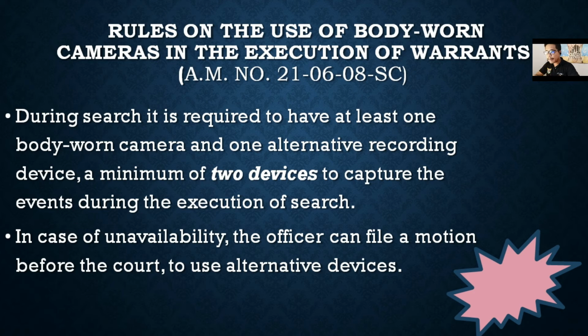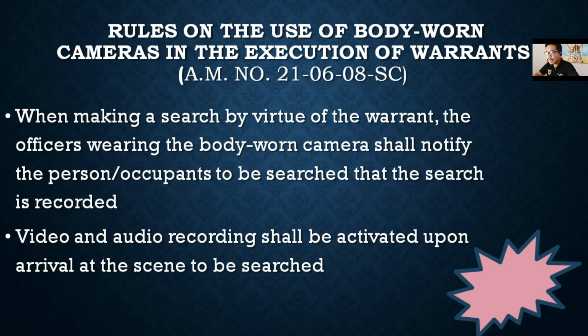If there is unavailability, considering the financial status of the police agency, then the officer who will make the search should file a motion before the court. That motion should contain the use of alternative devices. So if you do not have the body-worn cameras, then you have to use at least 2 alternative devices. It could be cell phones or any recording device.